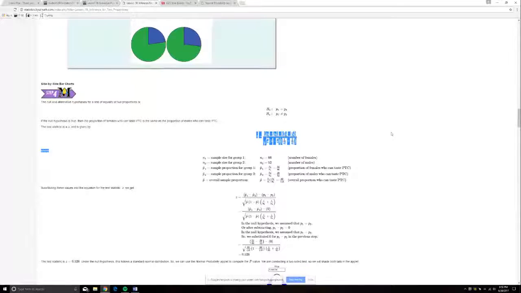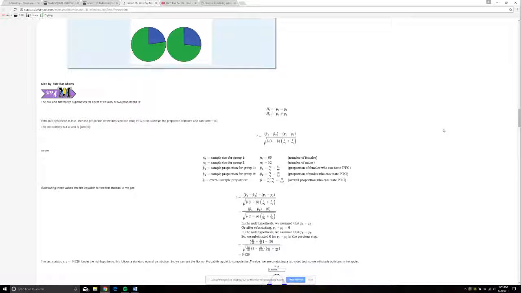So that formula is different. It's like crazy. Can I see it? Yeah. Let me pull it up. Okay, so it's this one right here. And for P1 minus P2 on the top, without the little caret thing, that's just going to be 0.